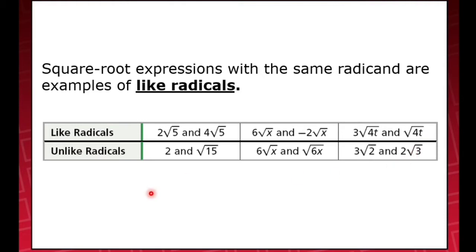Meanwhile, the ones below are unlike radicals. They are not similar. The 2 is a whole number, while negative square root of 15 is a radical. 6 square root of x and the square root of 6x are not like radicals because the radicand here is x and the radicand here is 6x.